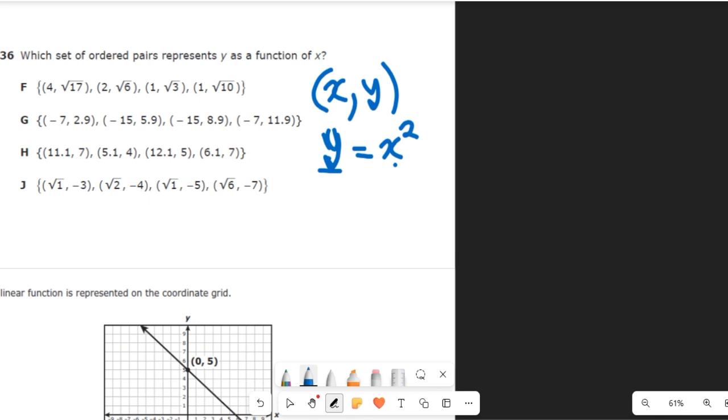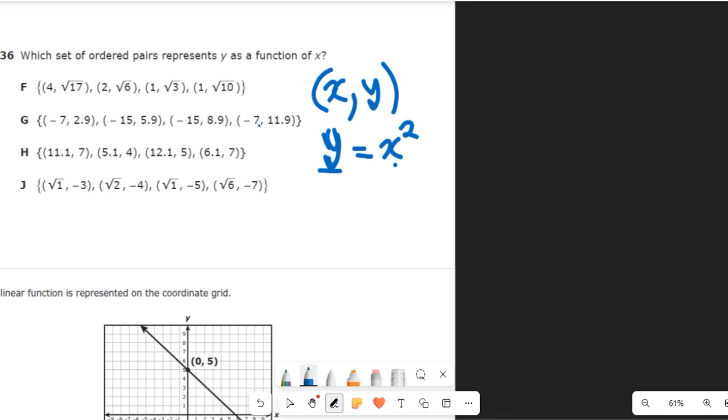So if one value of x gives me 2 different values of y, that means y is not a function of x. So for a single value of x appearing 2 times with 2 different outputs, that tells us that this set of ordered pairs does not represent a function of x.